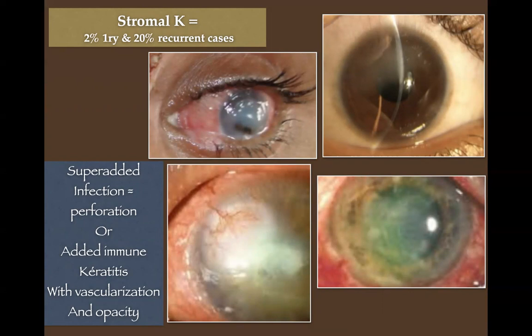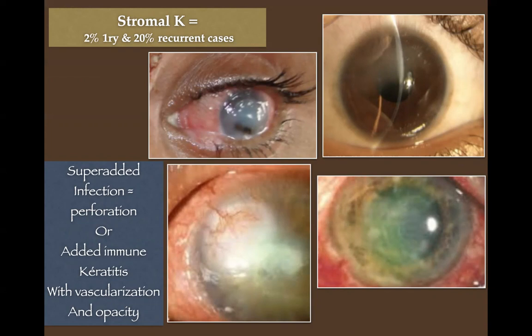What about stromal keratitis? It occurs in 2% with primary and 20% in recurrent cases. And it may be severe, like shown in the photo. On the left side of the upper photos, you'll find severe thinning and melting, going to perforate the cornea.